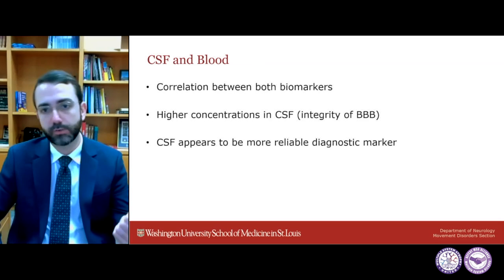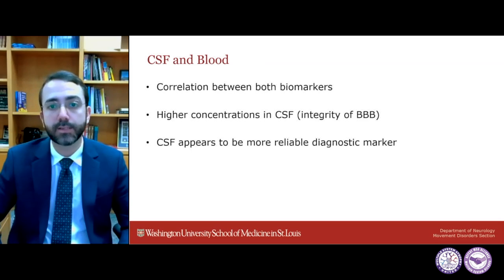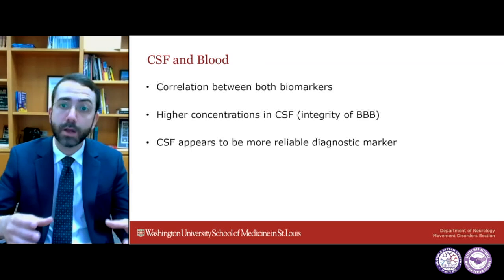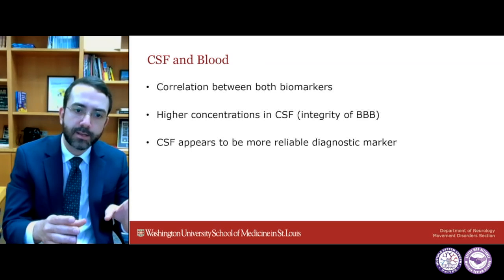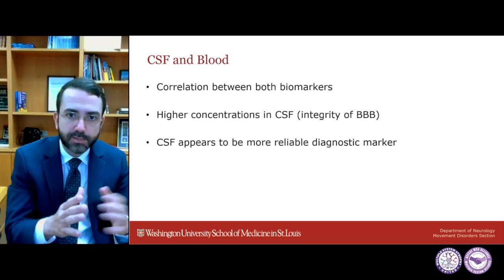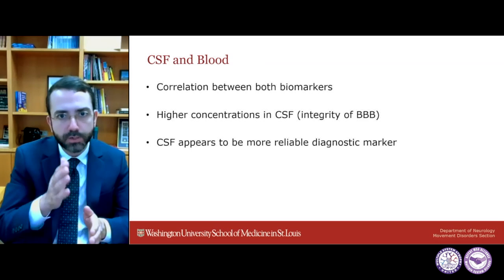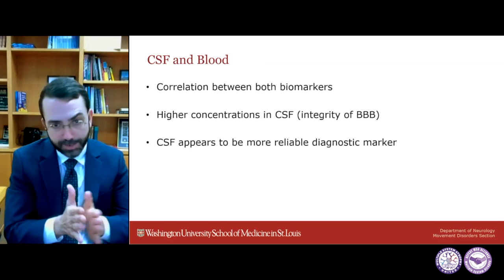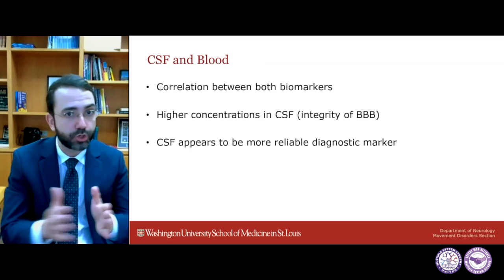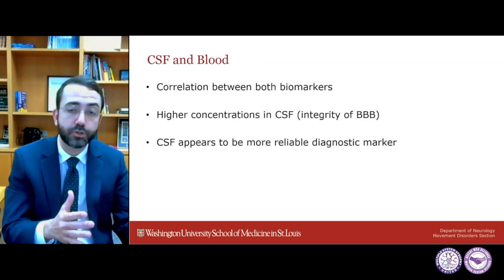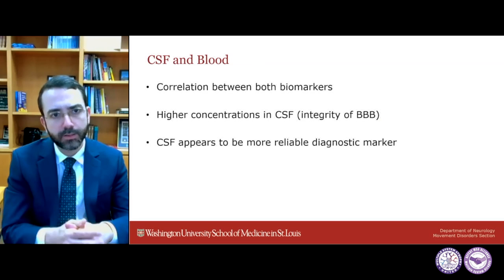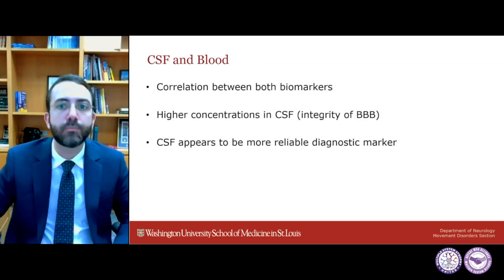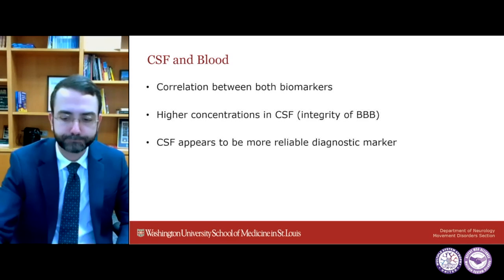The concentrations of neurofilament light chain is way higher in the spinal fluid, which obviously depends on the integrity of this blood-brain barrier, which means this kind of barrier that protects the brain and the spinal fluid from the blood. So there is a normal barrier there, and depending on how damaged or how healthy this barrier is, it would change the concentrations of neurofilament light chain in the blood. However, I think we all have a consensus that the spinal fluid neurofilament light chain is a more reliable diagnostic marker.